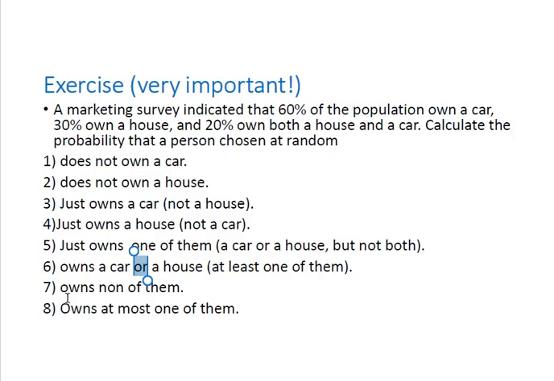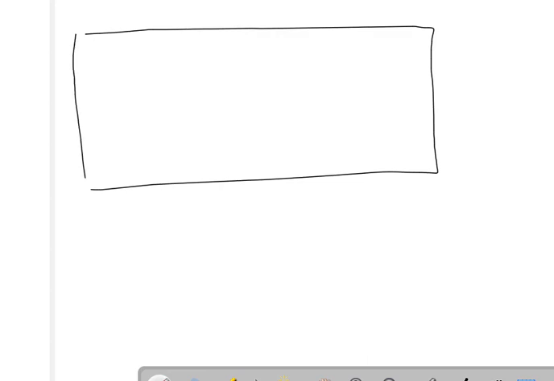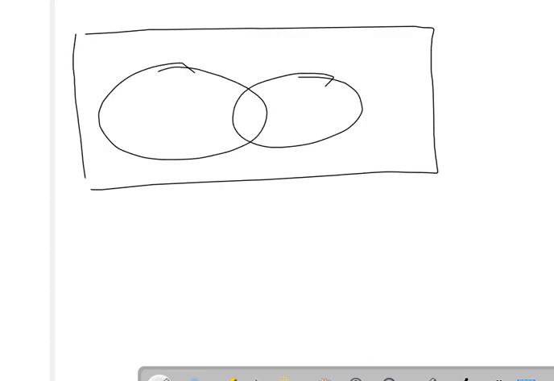Number 7, owns none of them. Okay, for this part, again by using a Venn diagram, they have a car, this part has a house, A, B, and here both.